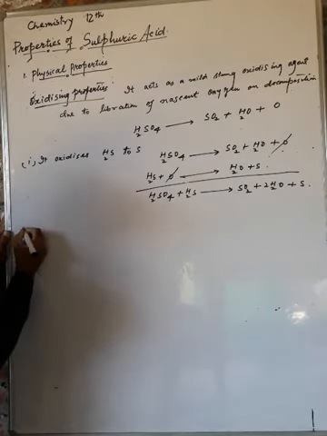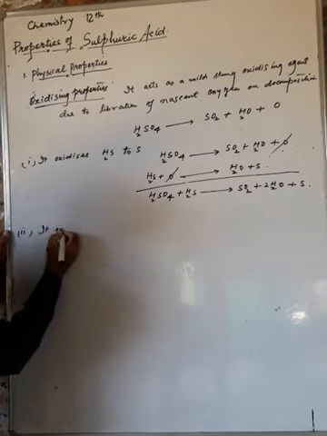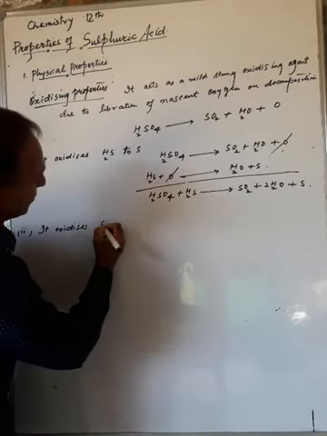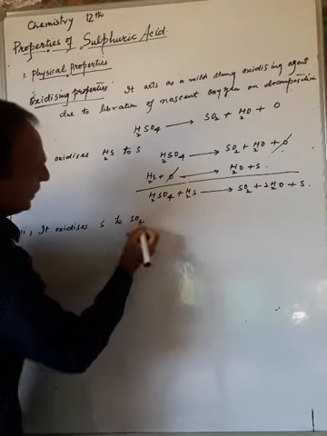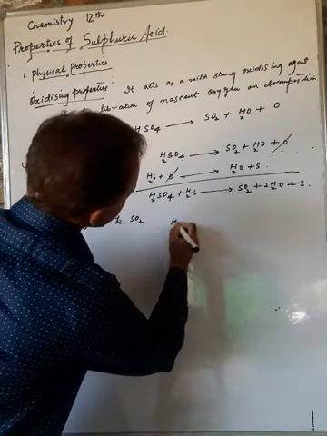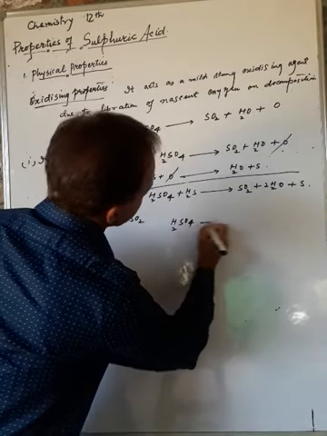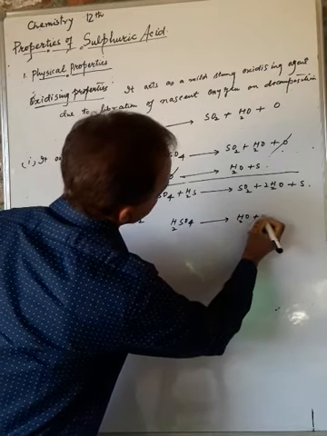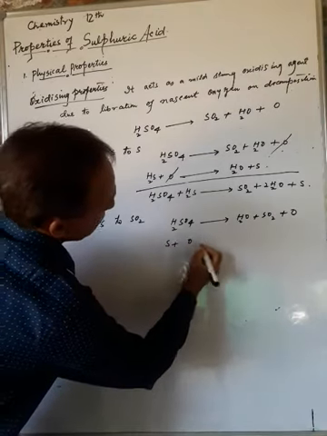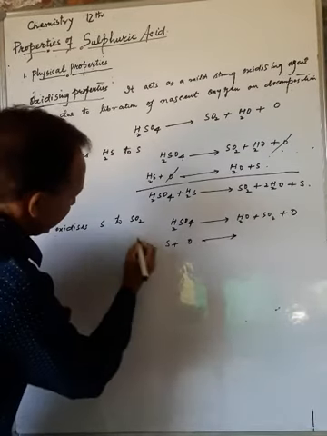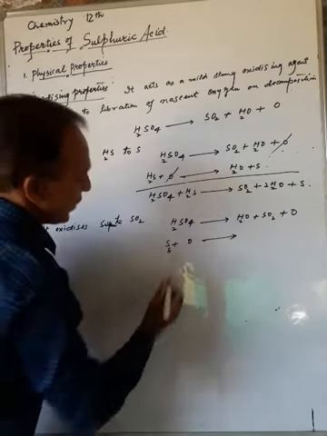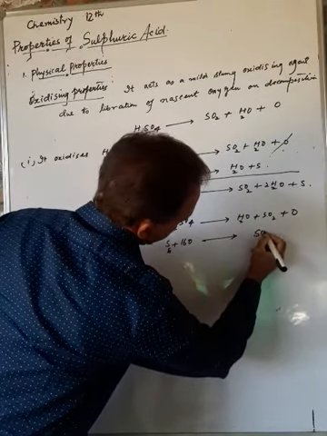Next, it oxidizes sulfur to sulfur dioxide. Again the reaction H2SO4 gives H2O plus SO2 plus O. S plus O gives SO2. Sulfur is in the form of S8, so we will take 16 times, and it will form SO2.